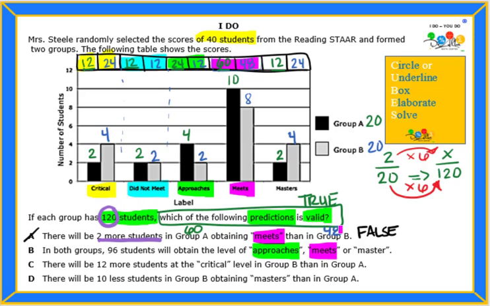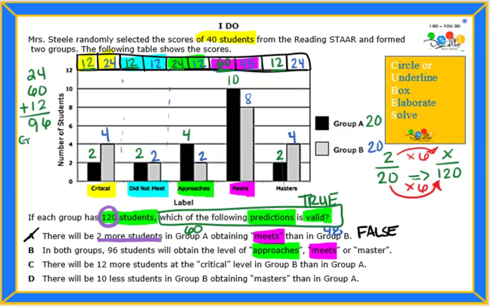Let's add those up in group A. Approaches, 24. Meets, 60. And masters, that was 12. That would give us a total of 96 for group A.